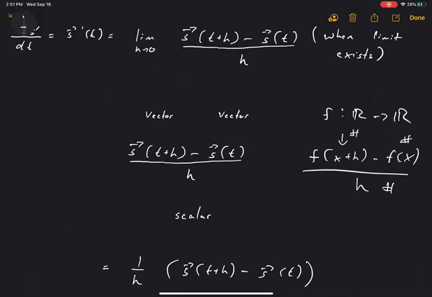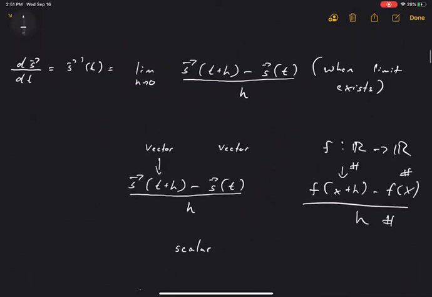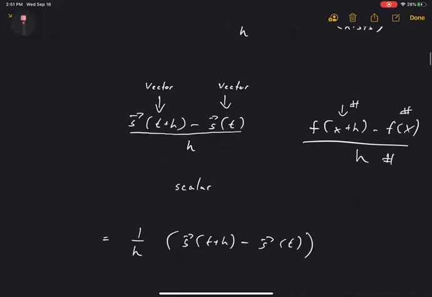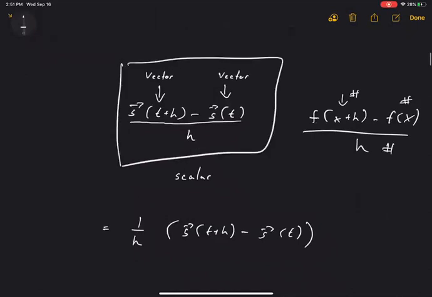That's the number h. Now, in my vector valued case, these things on top are vectors. I have my vector valued function at t plus h, minus my vector valued function at t, and then I'm dividing by a number, a scalar. So a little bit different. But does this thing make sense?